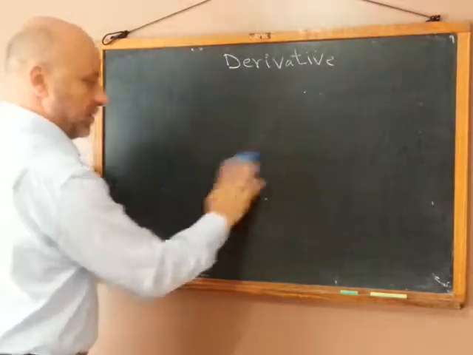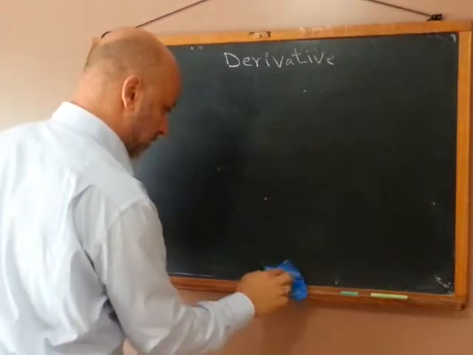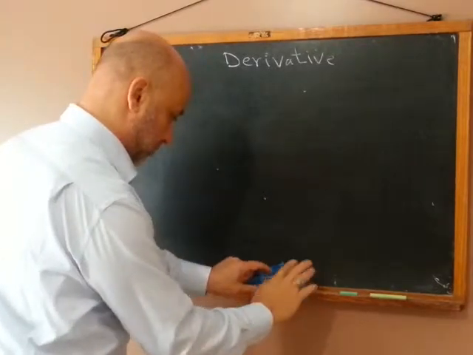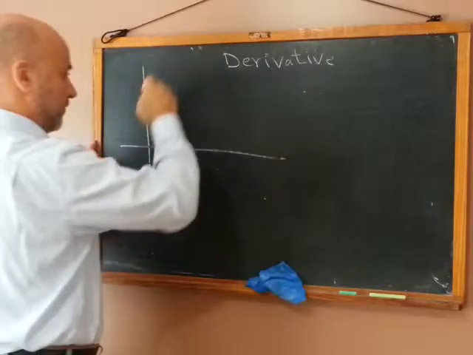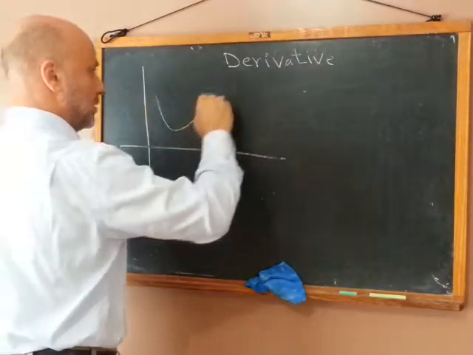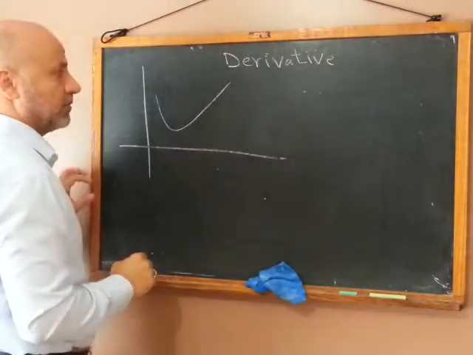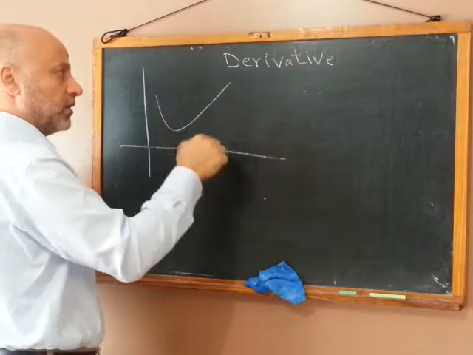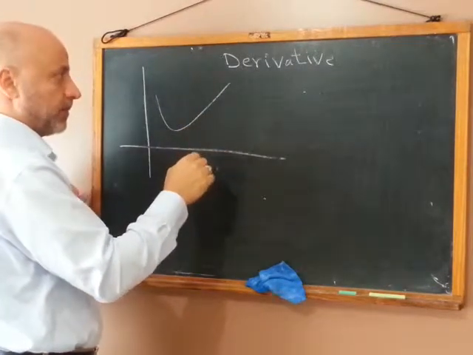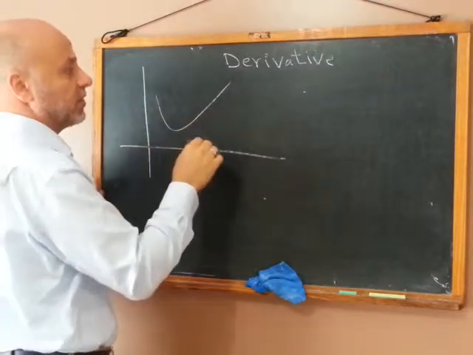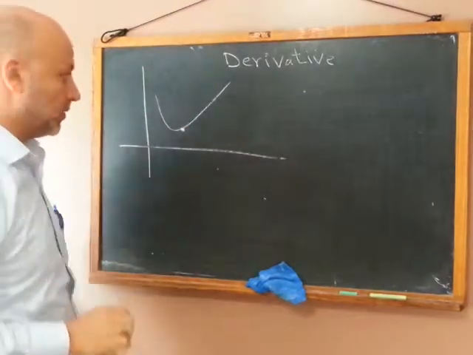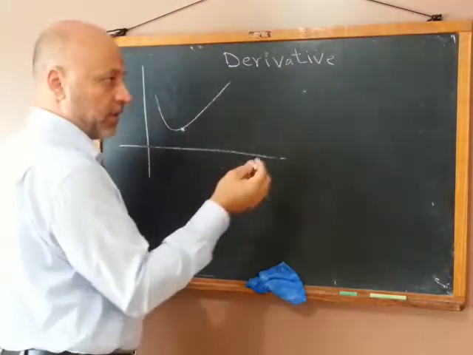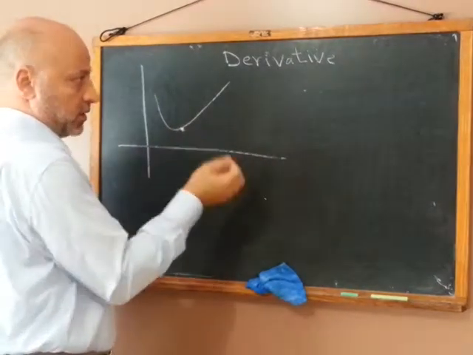In case we don't have a straight line, in case we have a function, something like a curvature, and we are looking for the slope at a specific point, let's say this point, just a single point. If it's a single point, then we have x and y, just 2 components.